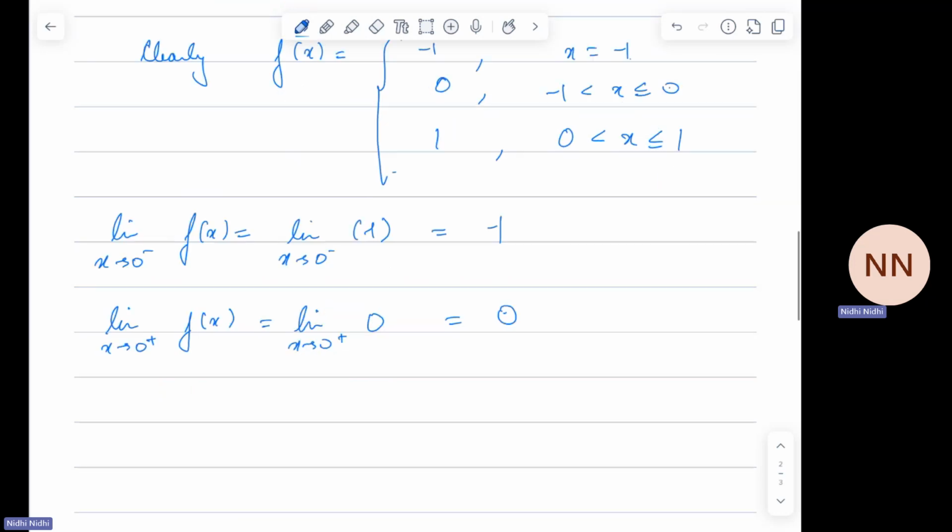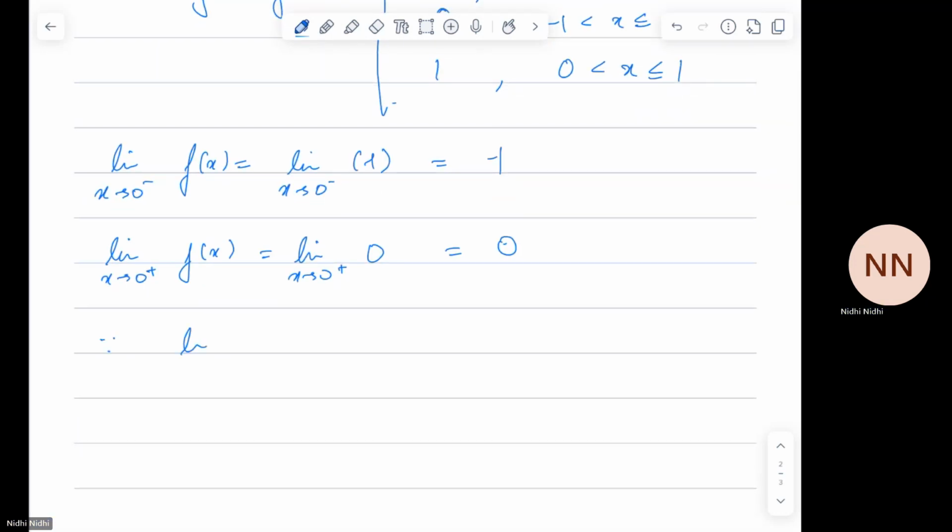Now since limit x tending to 0 minus f(x) is not equal to limit x tending to 0 plus f(x), therefore the limit does not exist.